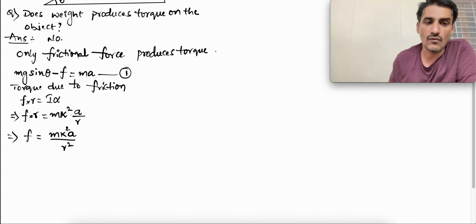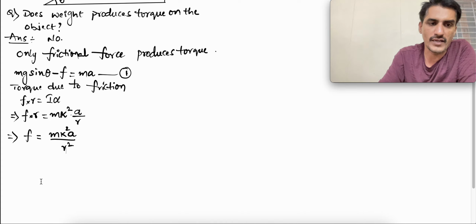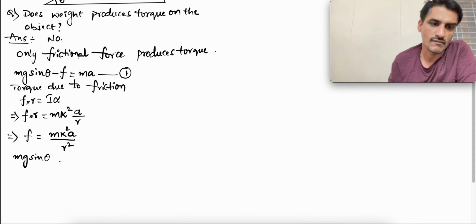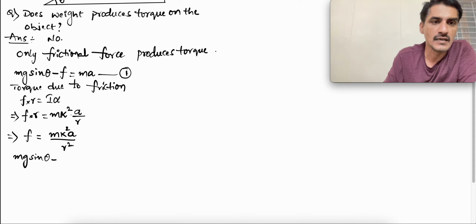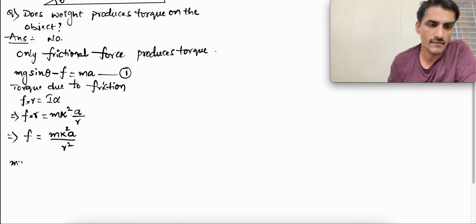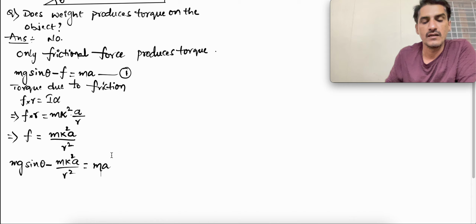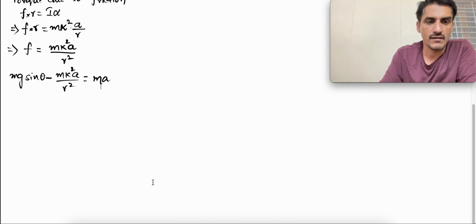Now what am I doing? I am just applying the F value in equation 1. So what do I get? mg sin theta minus, instead of friction I write m k square a by r square, is equal to m a.